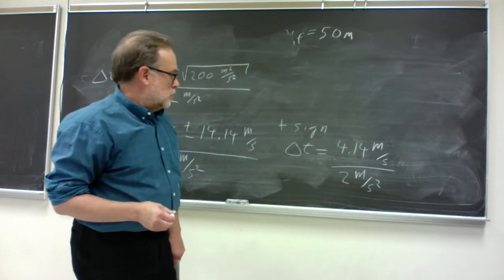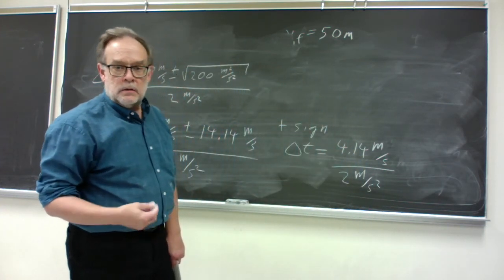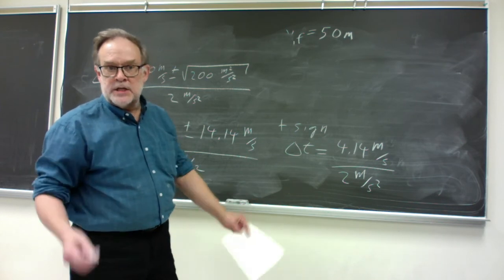And 4.14 divided by 2 is 2.07, or about, let's say, 2.1.